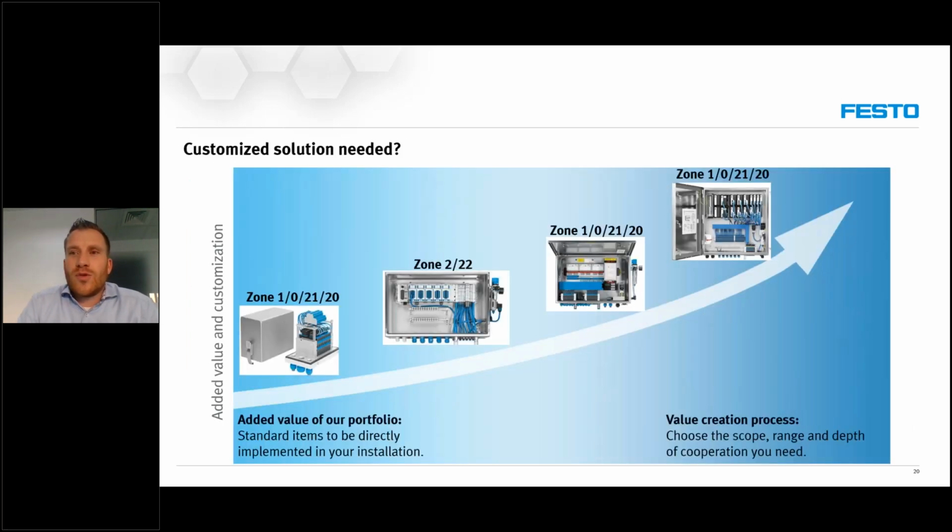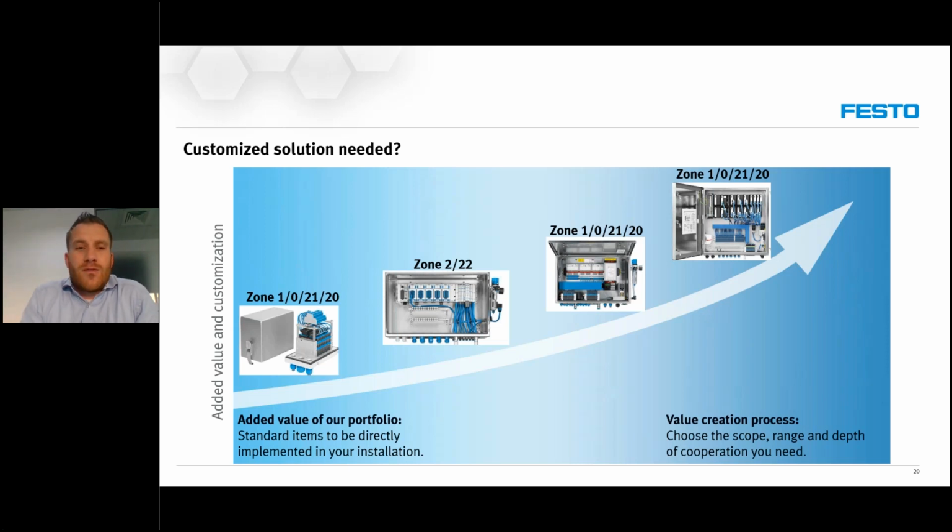So it's not always possible that we can provide a pre-designed control cabinet, and certain conditions require other equipment, other designs. So besides this, we also have the opportunity as Festo to work more with you on customized solutions where we are able to integrate and design specifically for your needs.